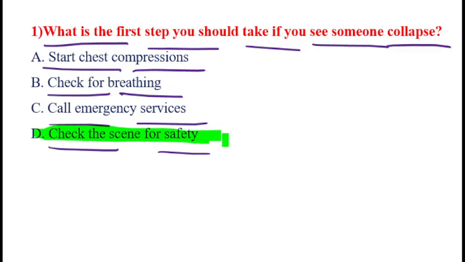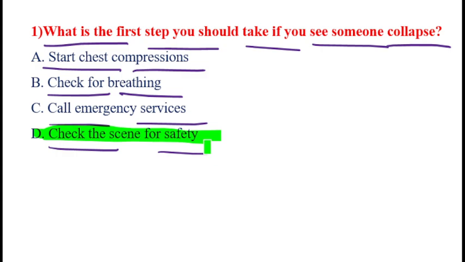If he is not in a safe scene, for example, sometimes someone may be collapsed and still connected with some electrical wire, or there may be some danger associated with the scene. If you directly dive into the scene and start chest compression, there is a threat to your life.